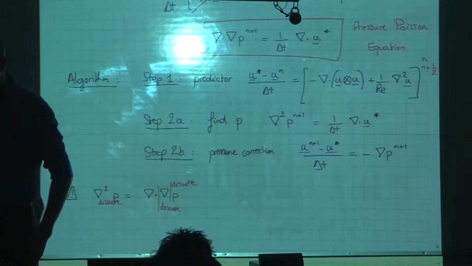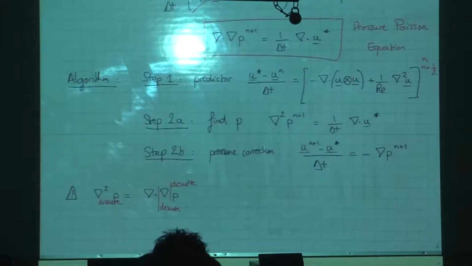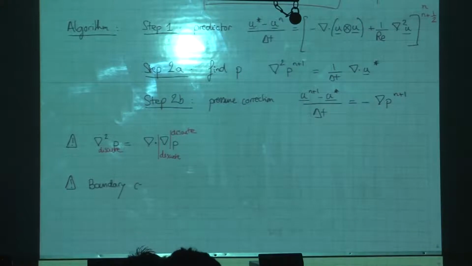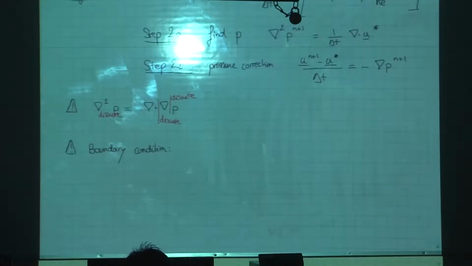So that's what we'll end up doing. Everywhere around our domain, we'll set dp/dx or dp/dy, depending on the orientation of our boundary condition, simply to 0. So that's another concern, boundary condition. Explicit P, where n is the normal to our boundary condition surface.